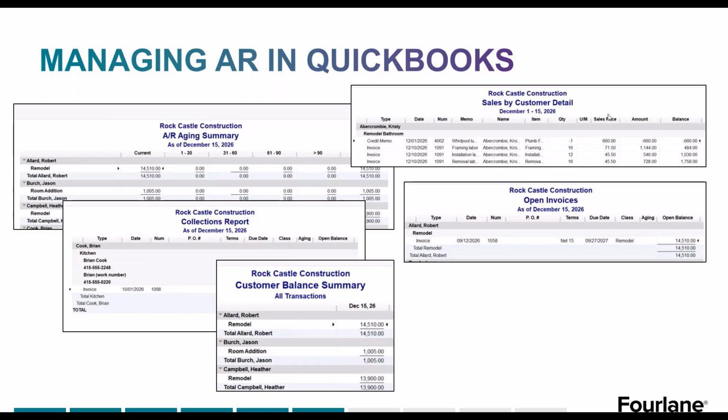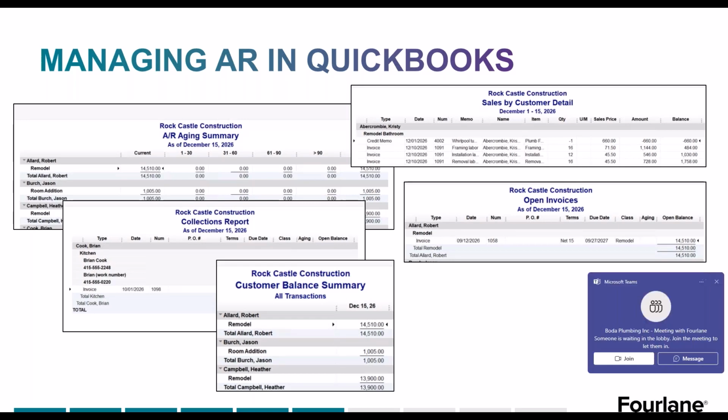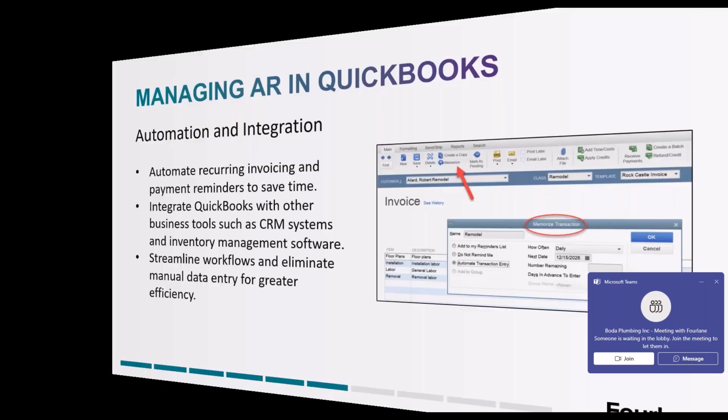You can use sales by customer detail to show you where everything is by customer. You can use the collections report. You can use customer balance summary so you can see how it is by customer. You can use open invoices. There's others. This is just a good sample of the most common ones.